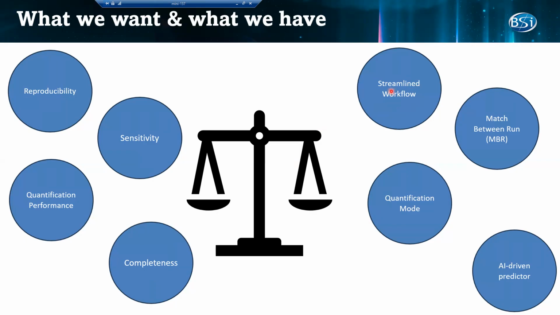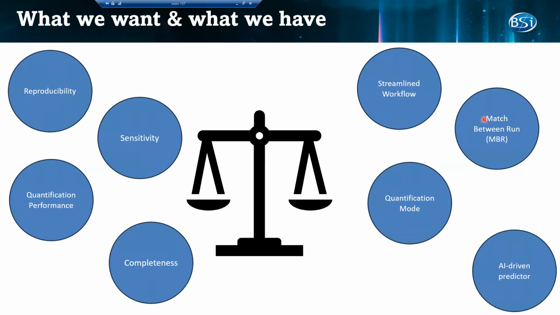Now in the software, we usually have several steps to help you reach these goals. The first, as I mentioned before, is the streamlined workflow. We combine the spectral library search, database search, and the de novo result. Then we have the match between runs.